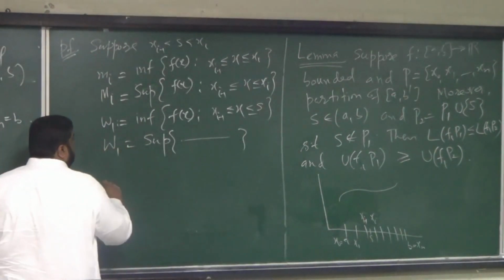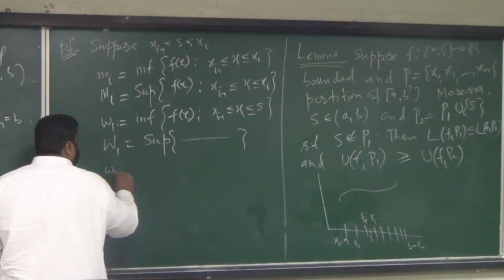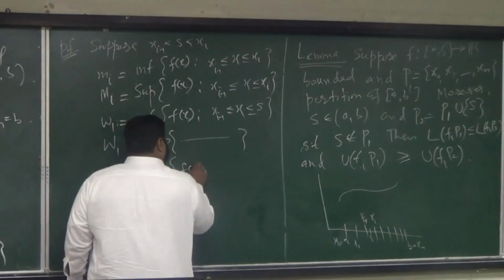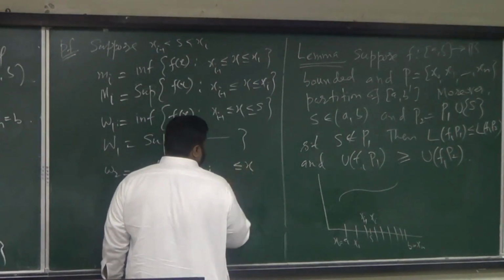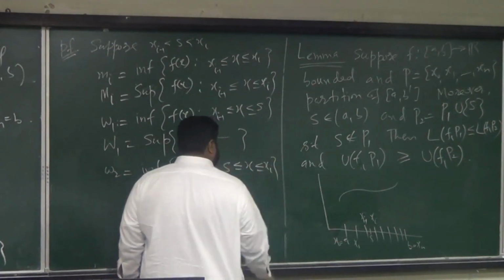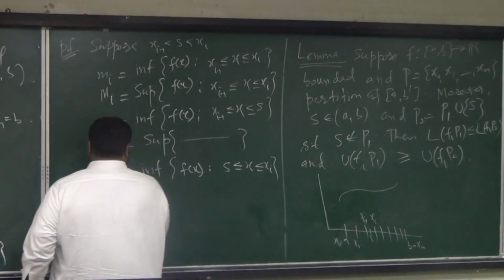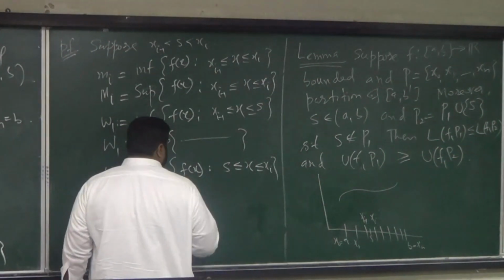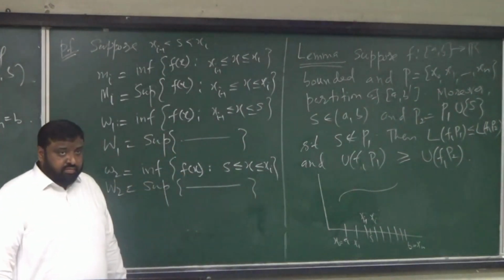And small w2 as the infimum of f of x such that x is between S and x i, and capital W2 the supremum of all that. Alright?